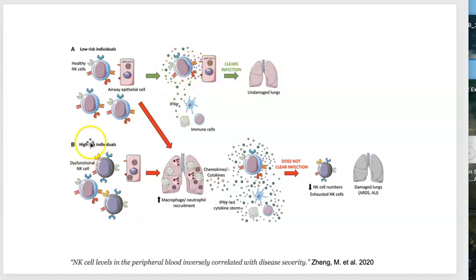But a high-risk individual might have dysfunctional NK cells, and by that I mean cells that are not actively producing enough of the cytotoxins that they need to kill these cells. And so you need a lot more of these to come to the fight and produce a lot more chemicals to affect any kind of result.